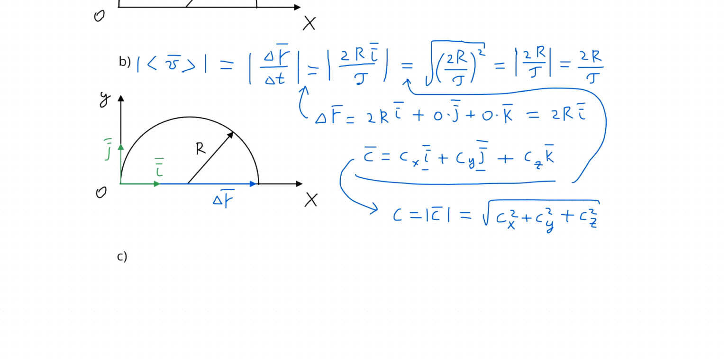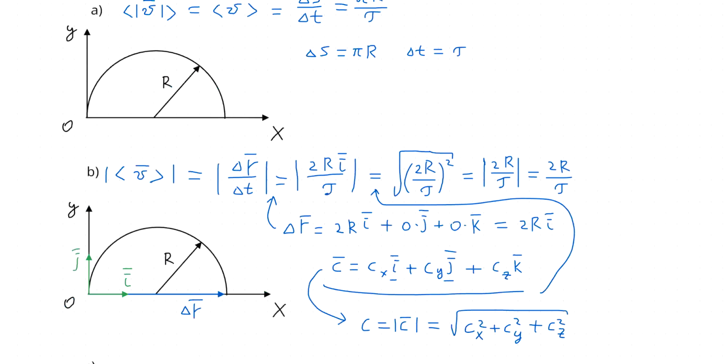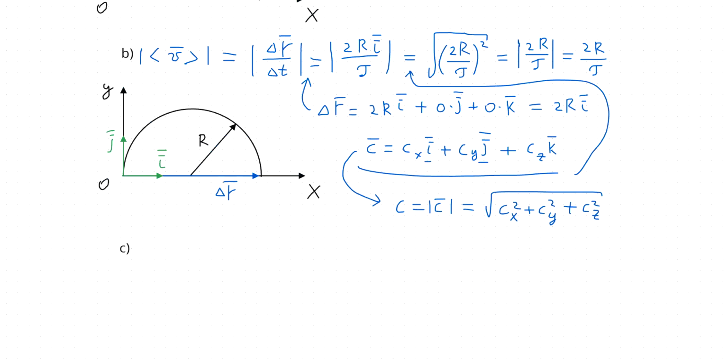So we have one more condition: a tau, tangential acceleration, is equal to some constant.